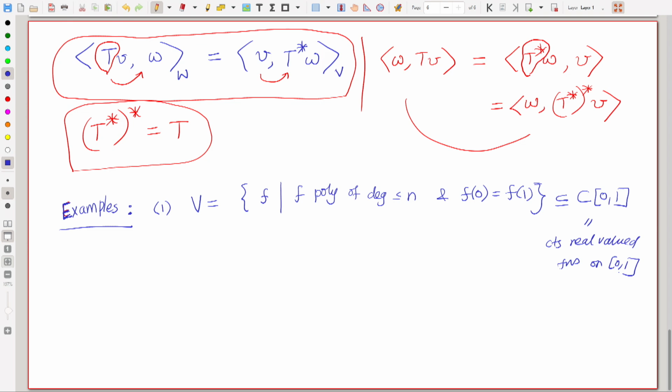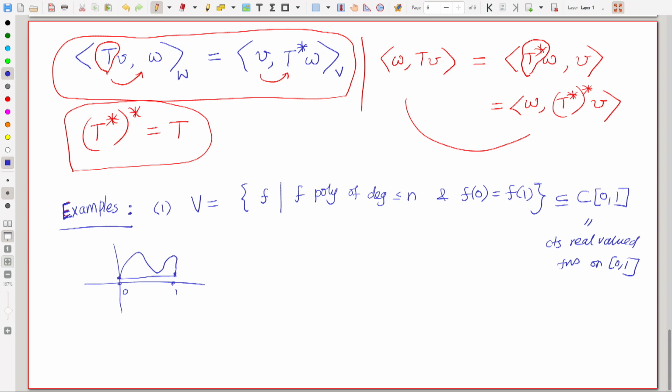Inside that infinite dimensional vector space, I am going to consider the following finite dimensional vector space, where I only take polynomials of degree less than or equal to something, and there is an additional condition I am putting, on f0 and f1. So if you draw the graph of this, on 0 and 1 it takes the same value, something like that, right? So it's got the same value at both places.